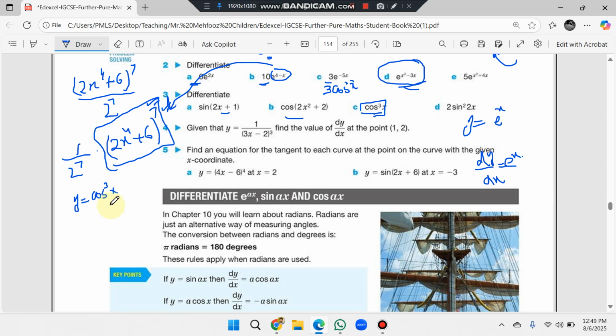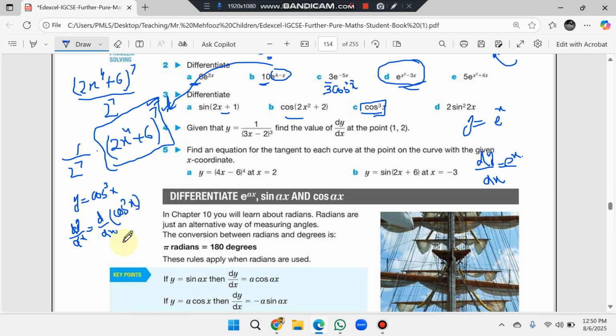So first of all, when we take the derivative, dy by dx will be equal to d by dx of cos cube x.